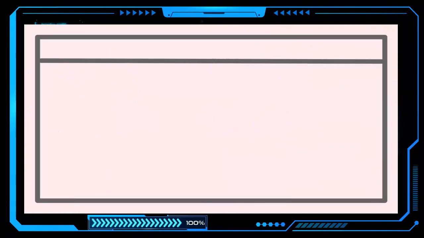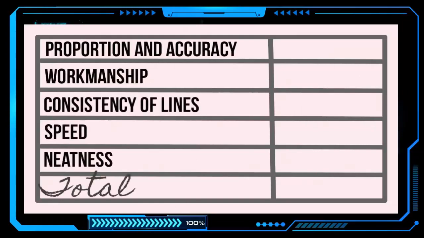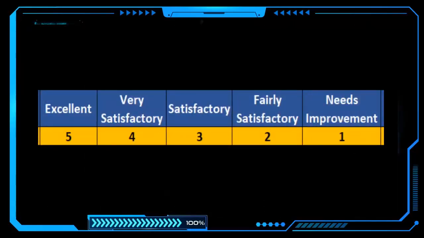This is the criteria for grading your human figure: proportion and accuracy, workmanship, consistency of lines, speed, and neatness. The following are the numerical descriptors. 5 is excellent, 4 is very satisfactory, 3 is satisfactory, 2 is fairly satisfactory, and 1 needs improvement.